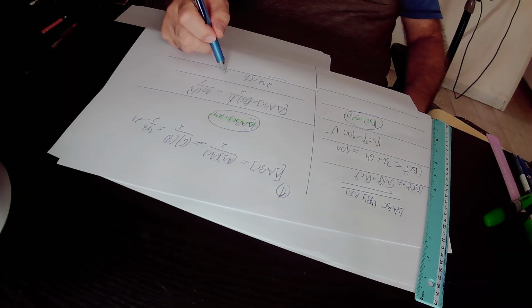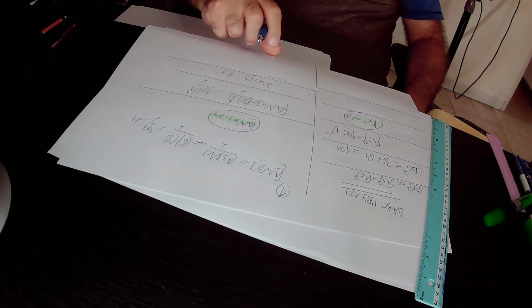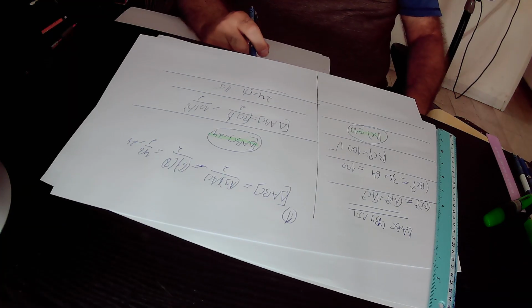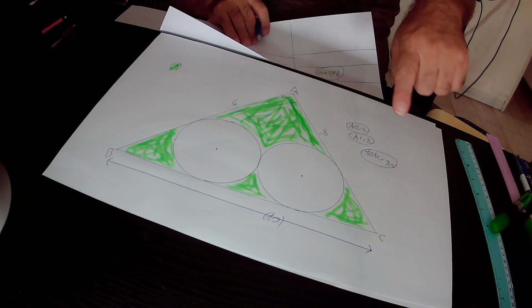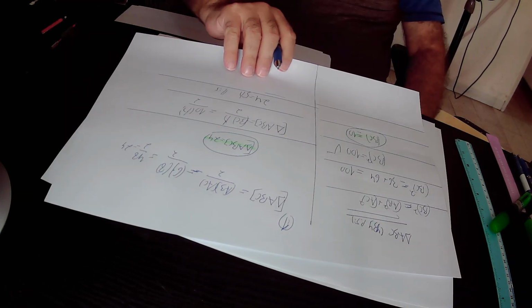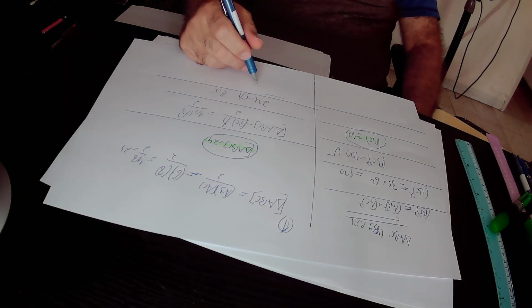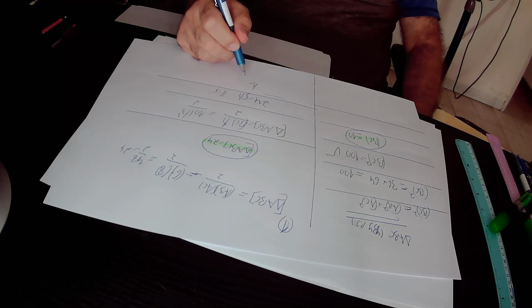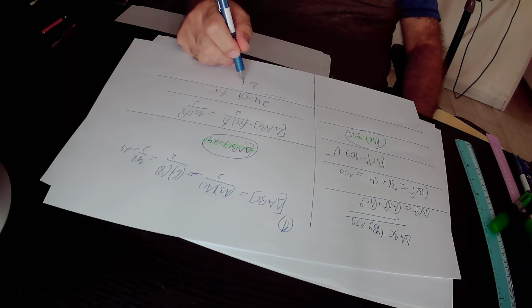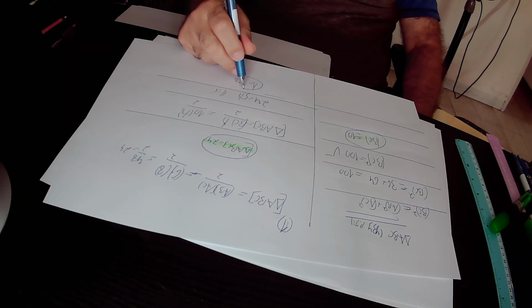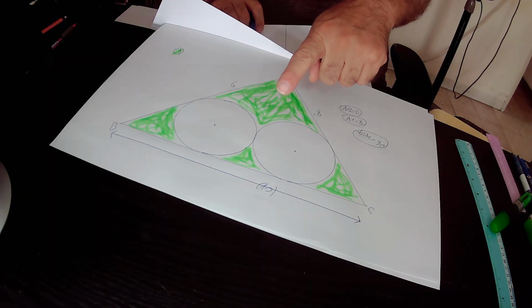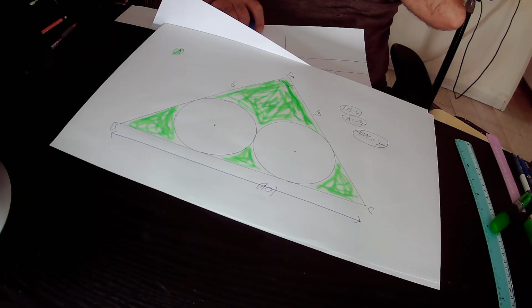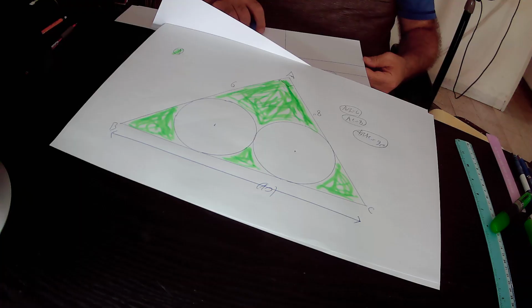Here we divide this equation by 5 and finally get that the height H equals 24 over 5, that is 4.8. So the height of triangle ABC is equal to 4.8 units in length.